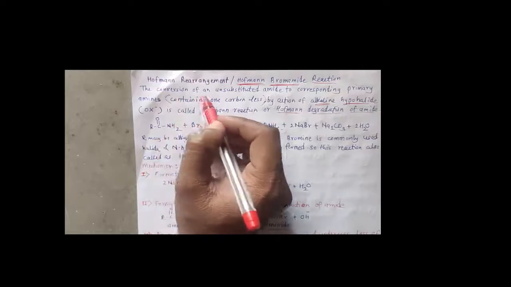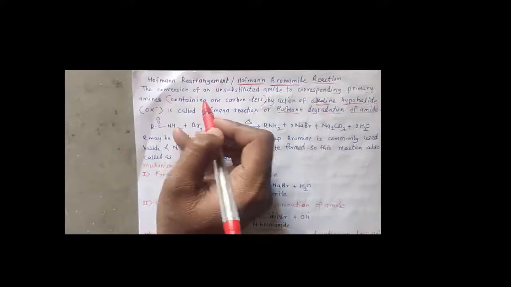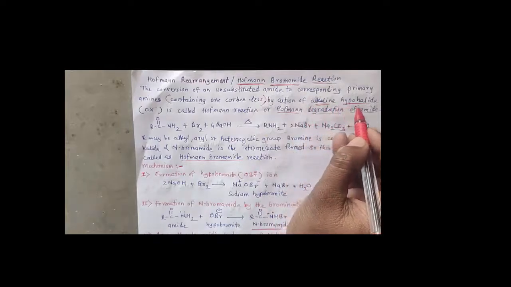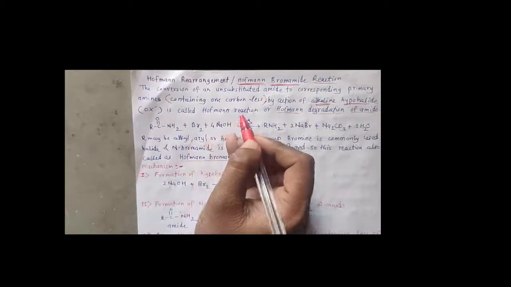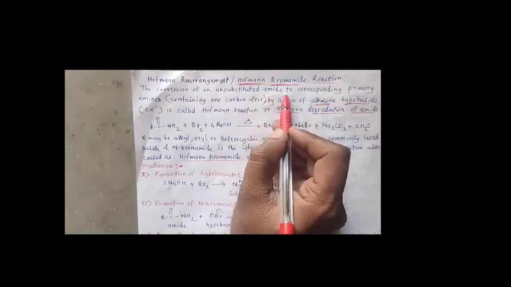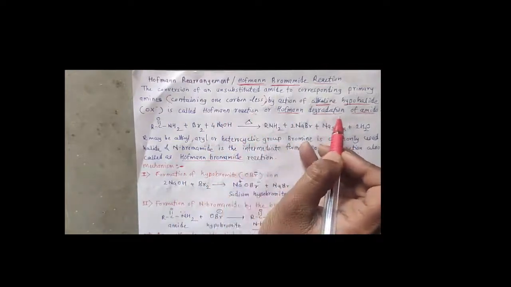The conversion of unsubstituted amide to the corresponding primary amine containing one carbon atom less, by the action of alkaline hypohalite (OX minus), is called the Hofmann reaction or the Hofmann degradation of amides.